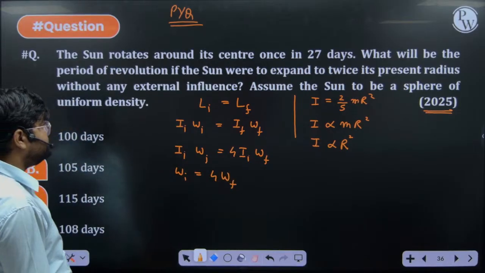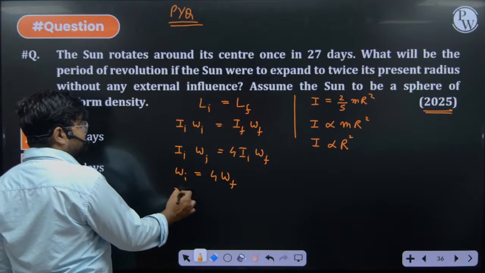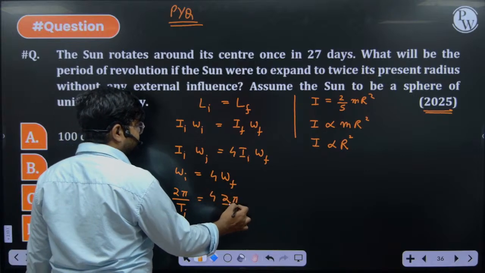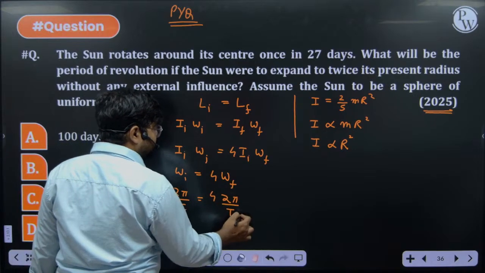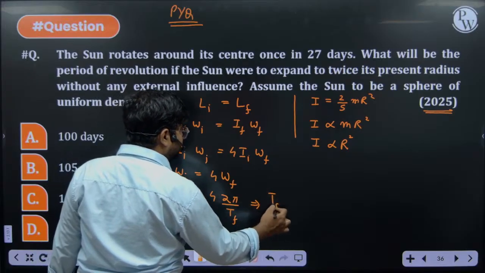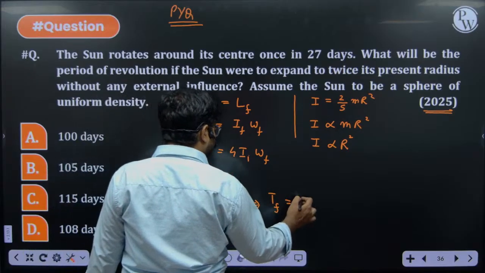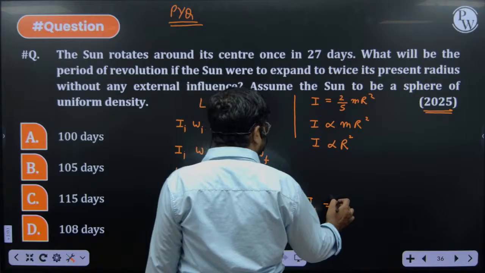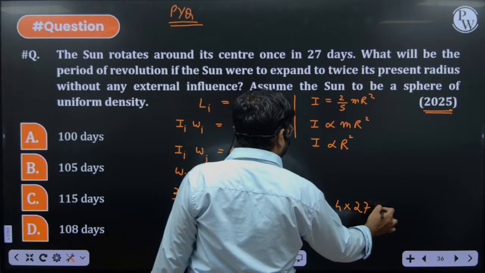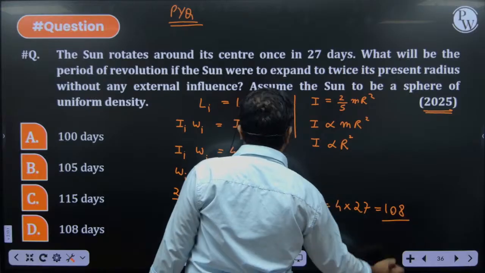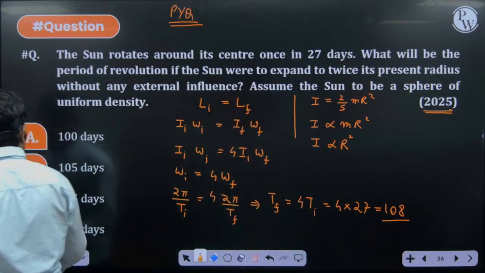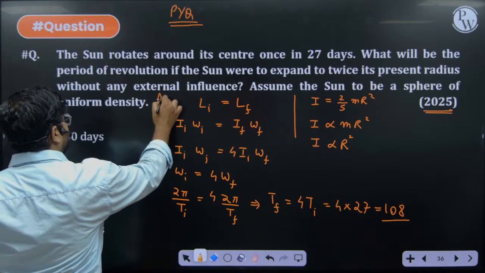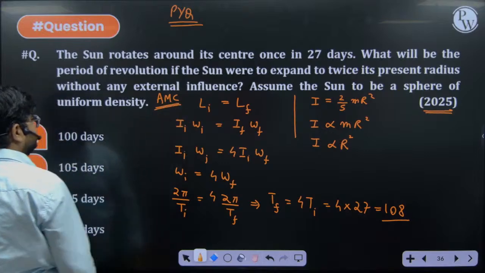Omega can be written as 2 pi by time period. So from here we get the final time period as 4 times the initial time period. Initial time period is 27. So this comes out at 108. The correct answer here is option D. So this question is based on angular momentum conservation.